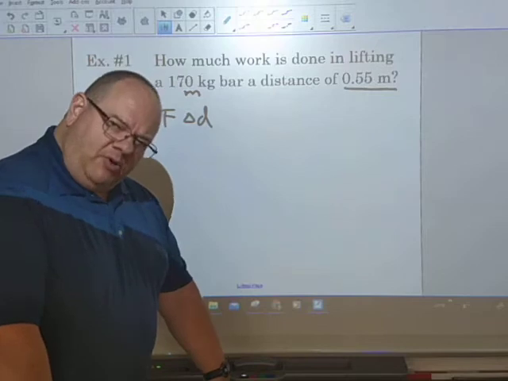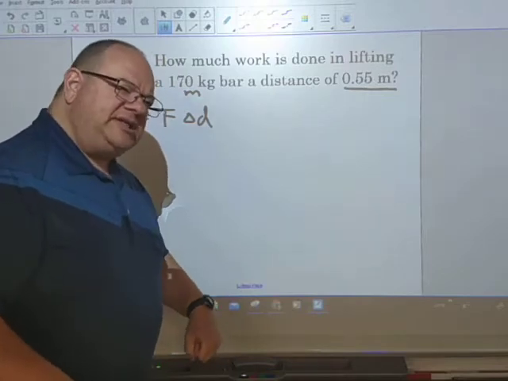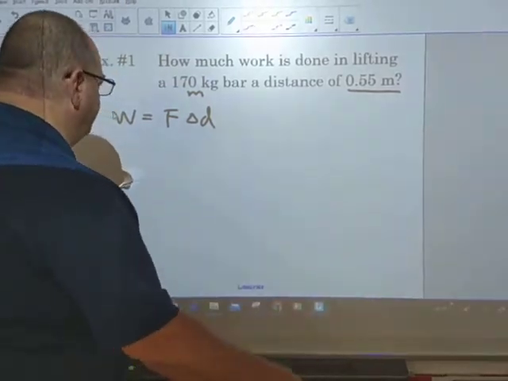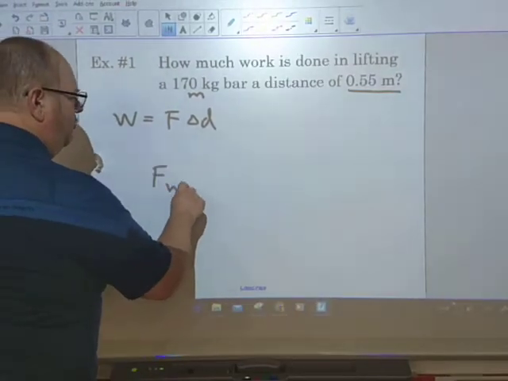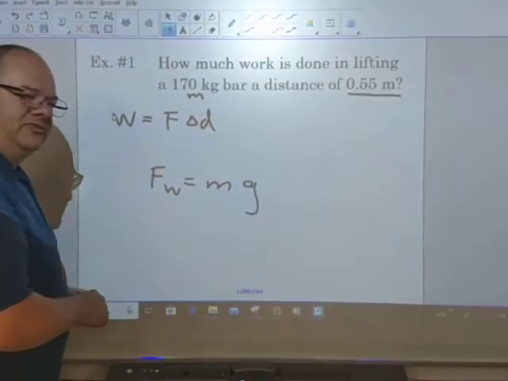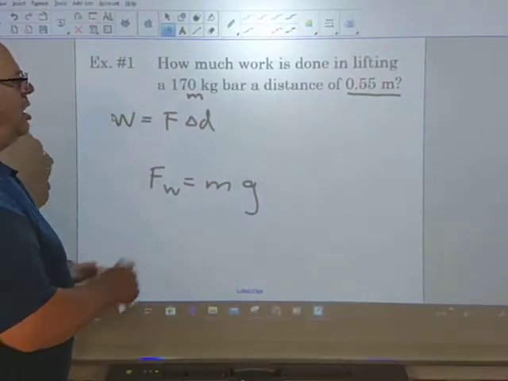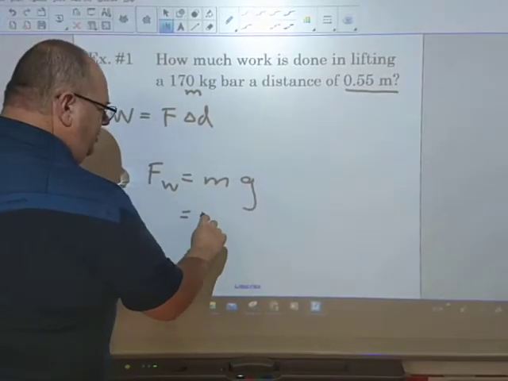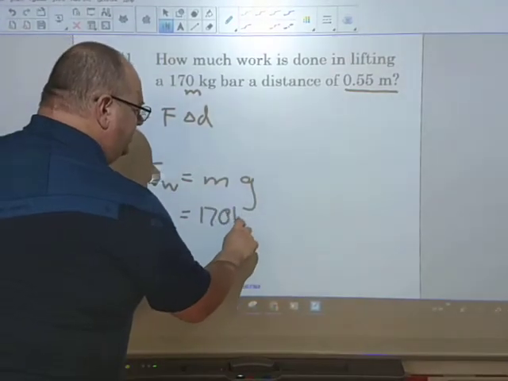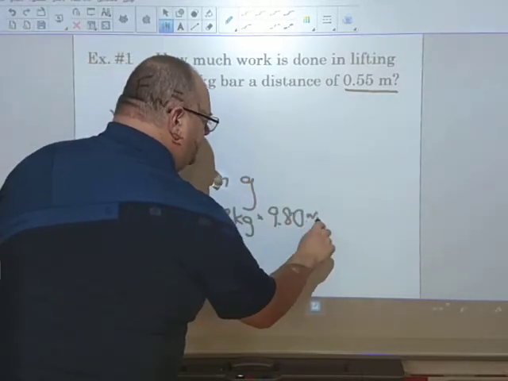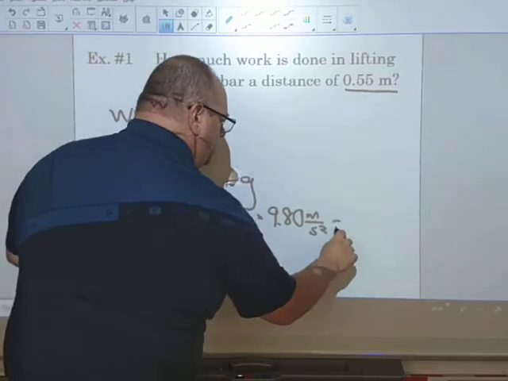Well, I'm going to have to exert a force at least equal to the weight of the bar. Oh, wait a minute. The weight of the bar is m times g. I know the mass, so I could find 170 kilograms times 9.80 meters per second squared.